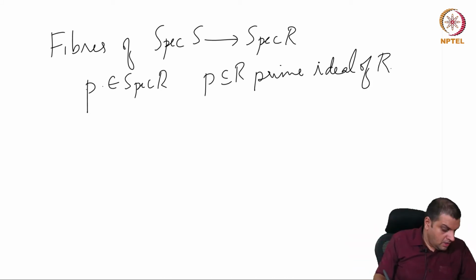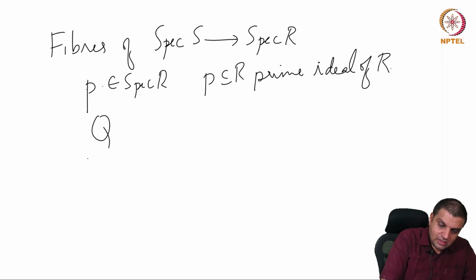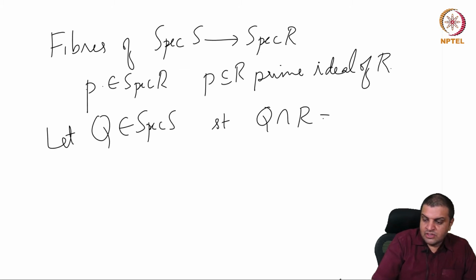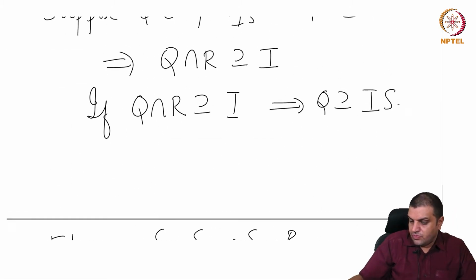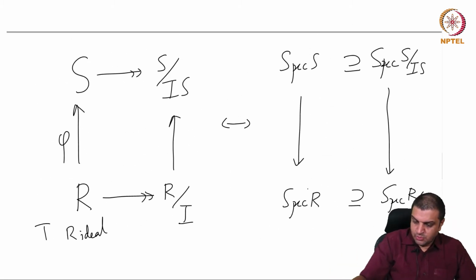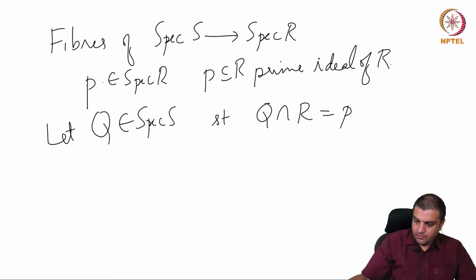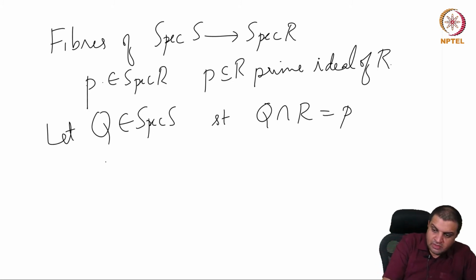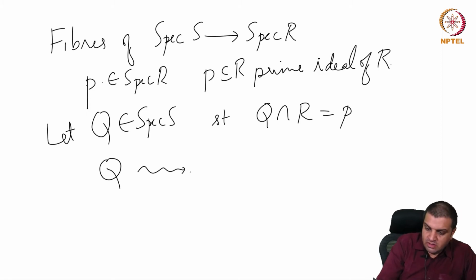Now let Q be a prime ideal of S such that Q contracts to P. So what can we say?